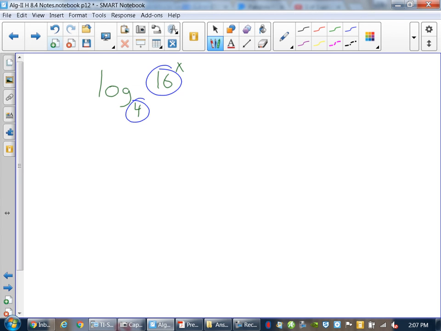You want to get common bases. How do you rewrite 16 as a base 4? 4 squared, right? So you rewrite this as log base 4 of 4 to the 2x. The answer is 2x. Very good. You're rewriting to a common base to undo itself.